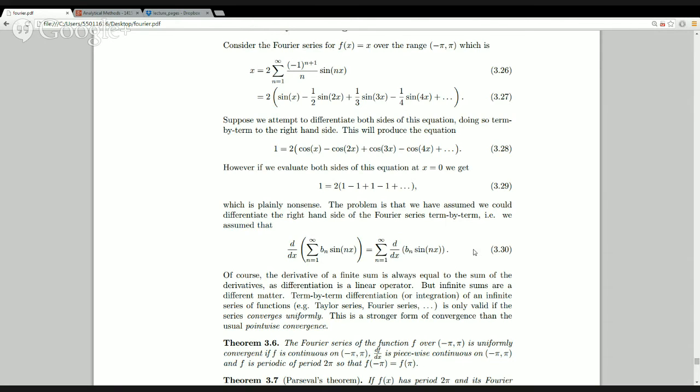Just before we get into saying what they are, to give you some idea of them: pointwise convergence is a weak kind of convergence, and uniform convergence is a stronger, more well-behaved type of convergence.